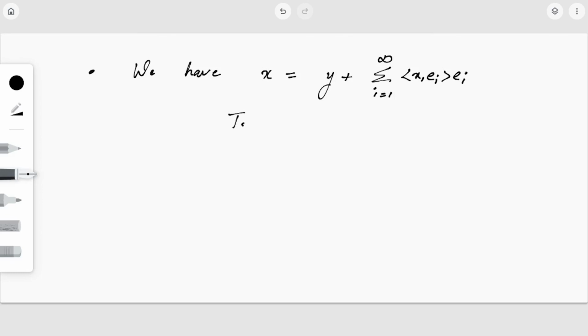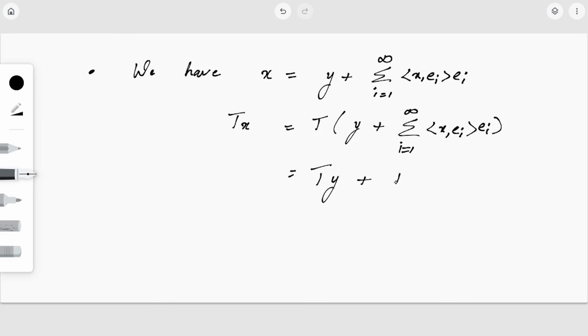So let's apply T on both the sides, right? So this is T of y plus the summation i equal to 1 to infinity inner product x ei ei. I can write this as T of y plus, taking the summation common, i equal to 1 to infinity inner product x ei into T of ei. So T of y is 0 because y is an element of kernel of T. So this is 0 plus, and what is T of ei?